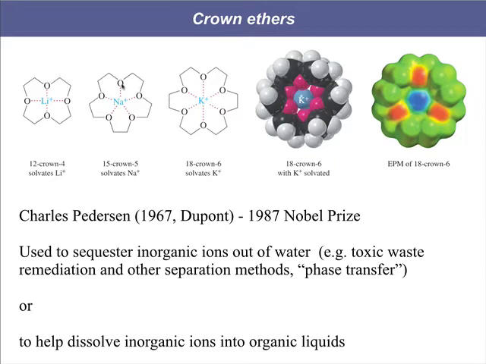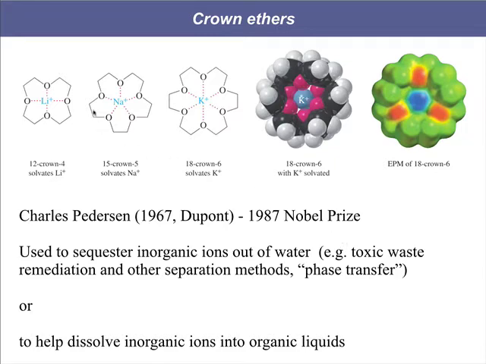So crown ethers themselves have been used, like I said, to sequester inorganic ions out of water. For example, you've got toxic waste where you've got, say, mercury ions, barium, a lot of these heavy metals that form aqueous ions.